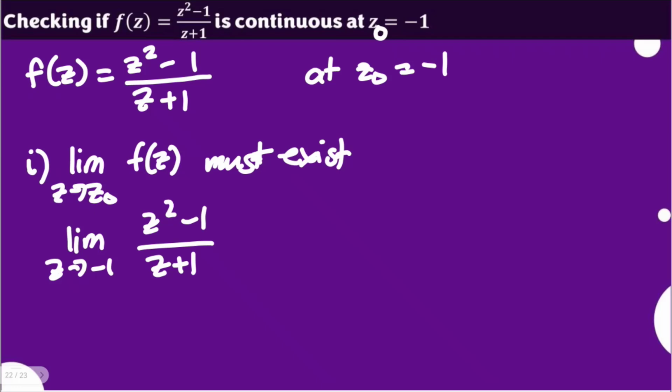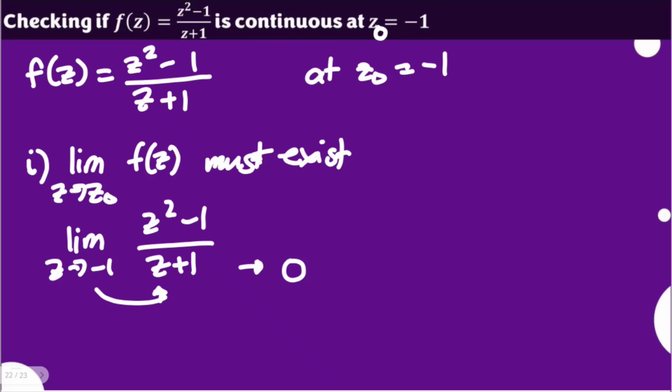But if we look at the denominator with z approaching negative 1, this would be equal to 0. Our denominator would be equal to 0, stating now that the limit doesn't exist. So from that point of view already, our given function is discontinuous at z sub 0 equal to negative 1.